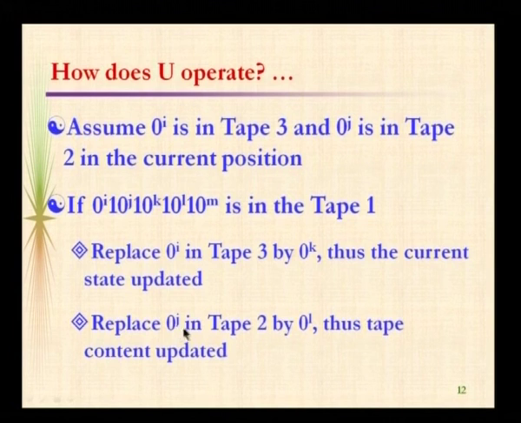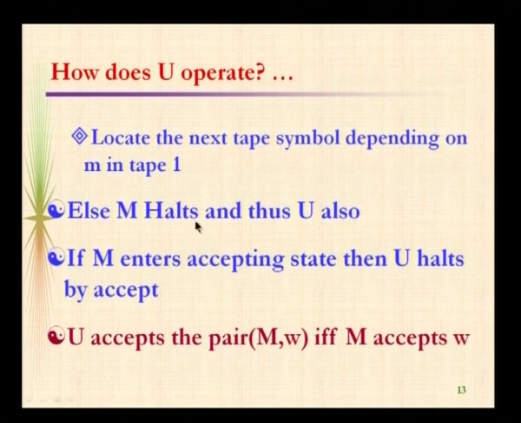Then replace 0 power j in tape 2 by 0 power l, and thus the tape content is also updated as far as the Turing machine M is concerned. And then locate the next tape symbol depending on m, that is the direction in which we have to move in tape 1. After doing all these things, we can claim that one step or one transition has been executed.